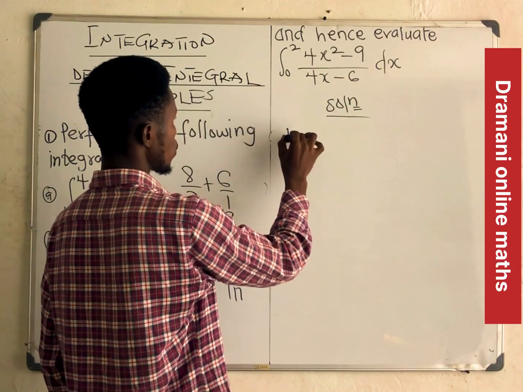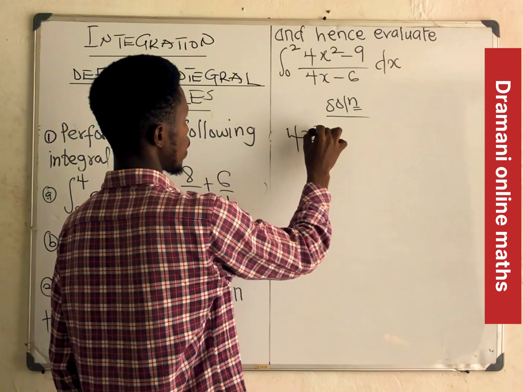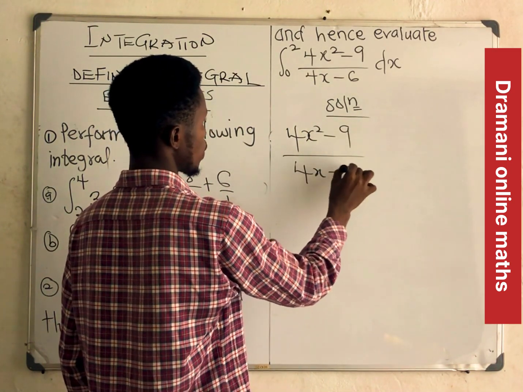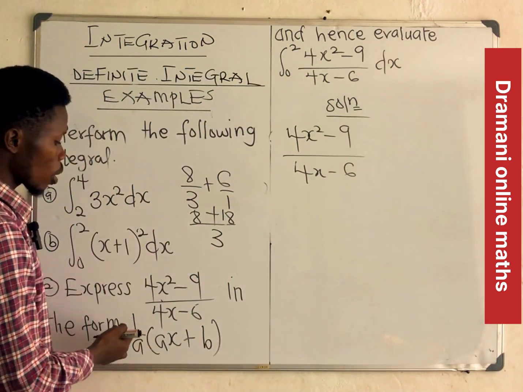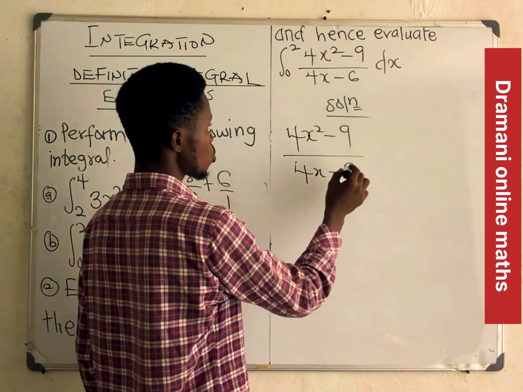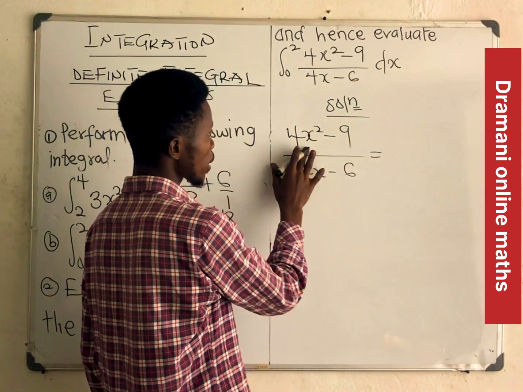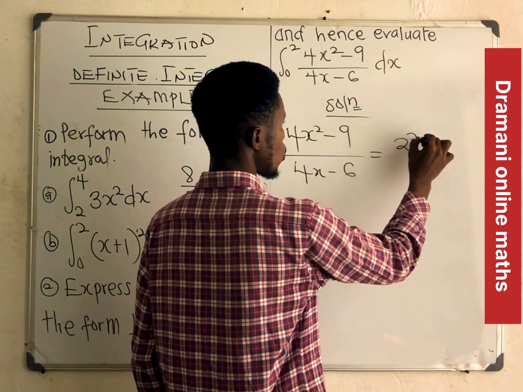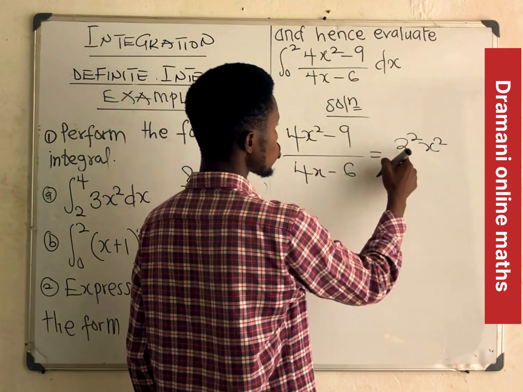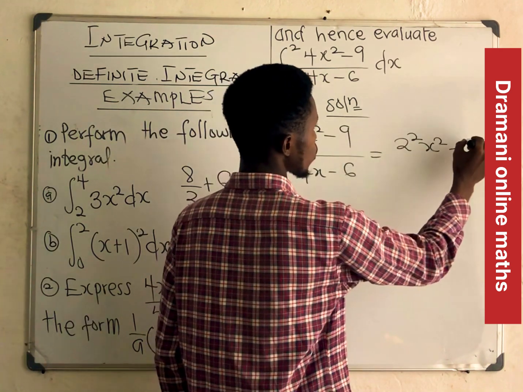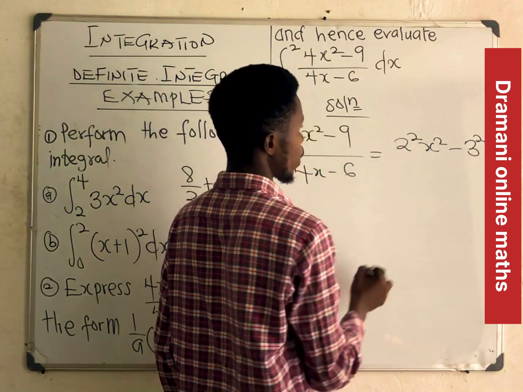So we have to express 4x squared minus 9 over 4x minus 6 in the form of 1 over ax plus b. So this is what you are going to do. Look, this one, I can write as 2 squared x squared. So 2 squared is 4. And we also know that 9 can be written as 3 squared. Is that okay?